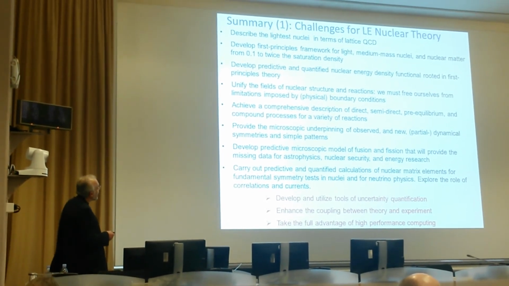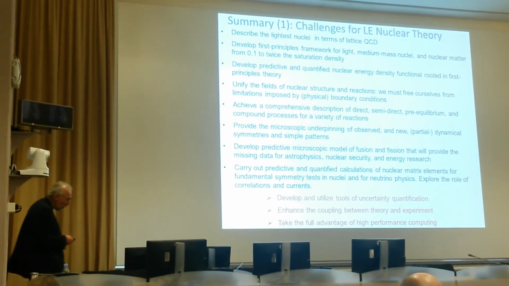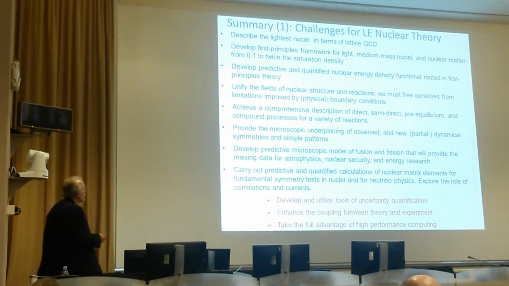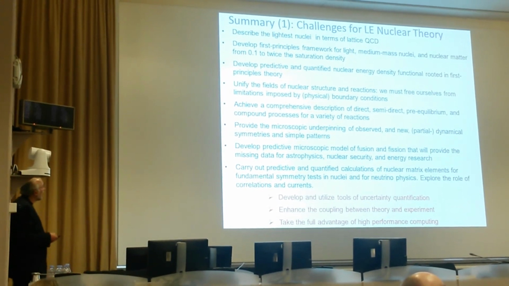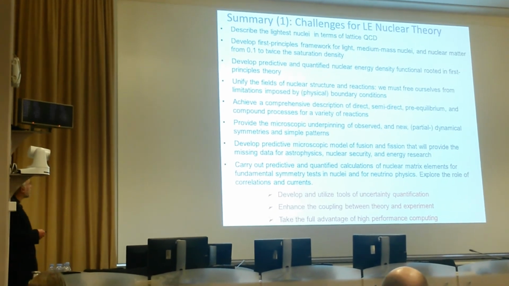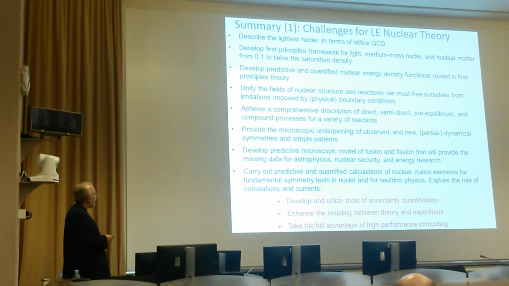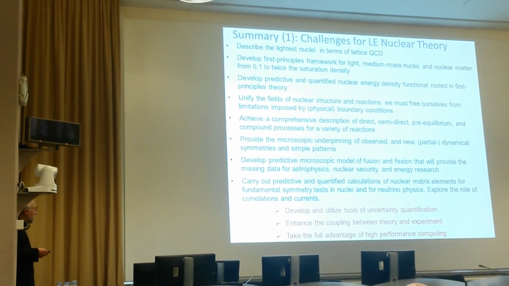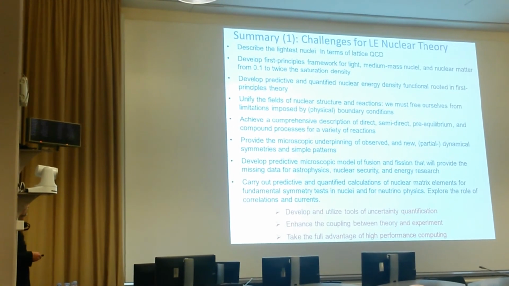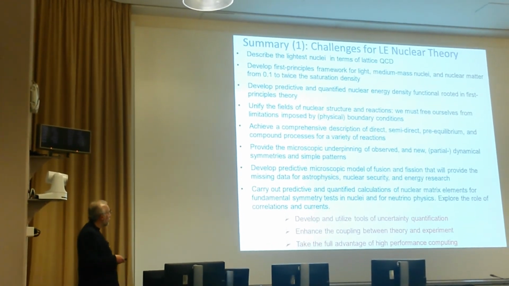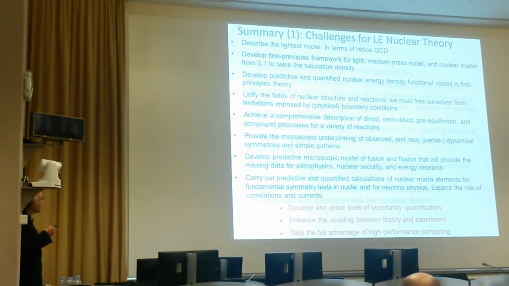We'll achieve a comprehensive description of the most important reactions which are used to get information about nuclear structure. We will provide understanding of many-body symmetries, and will develop a predictive model of fusion and fission. Of course, as I discussed in my talk, it's very important to carry out quantified calculations with theoretical error bars.